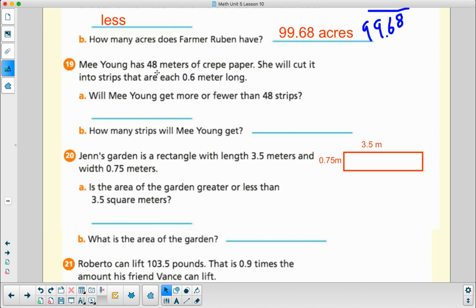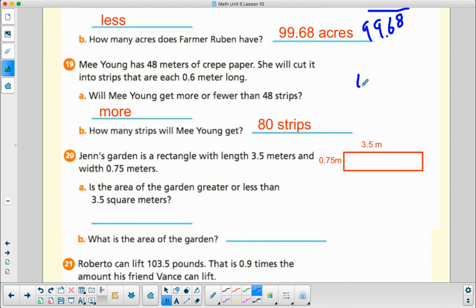Well, she has 48 meters, but she's dividing it into 6/10 meter pieces. Since she's cutting it into pieces less than a meter, she's going to have more than 48. And how many did she end up having? 80 strips. And it didn't show up for me again, so I'm going to have to do it.